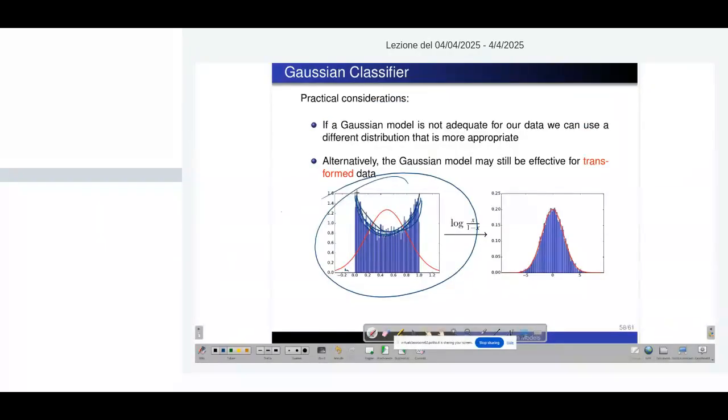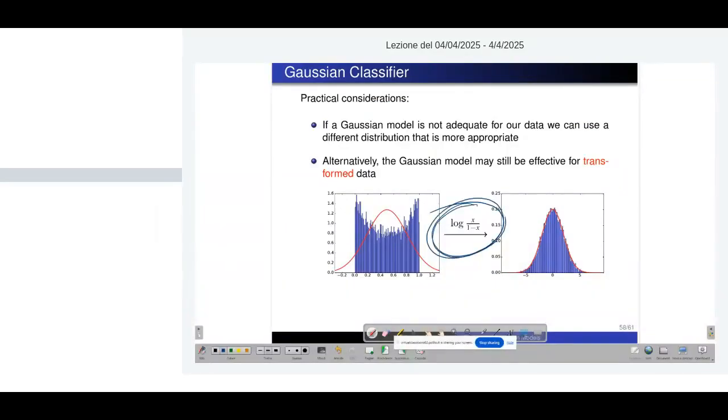Another alternative, and we will not do the second one, it may be possible, as we did for PCA. Remember, we did PCA and LDA, we said when linear models are not enough, we can transform our data in a way that maybe linear models are good for the transformed data. This holds true also for this kind of models.